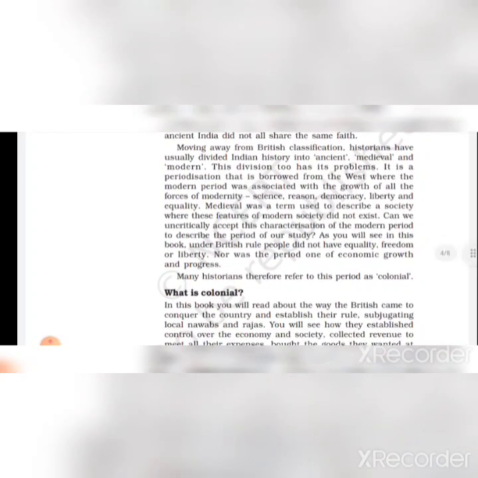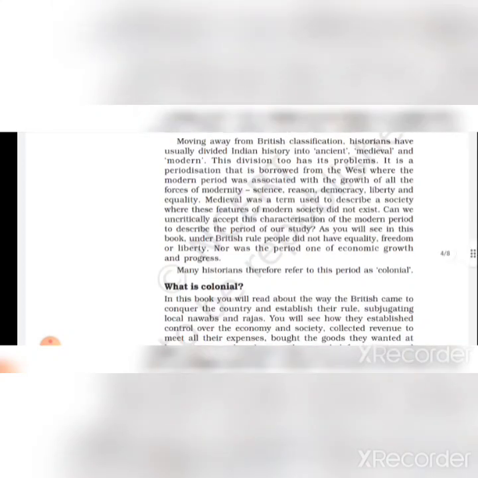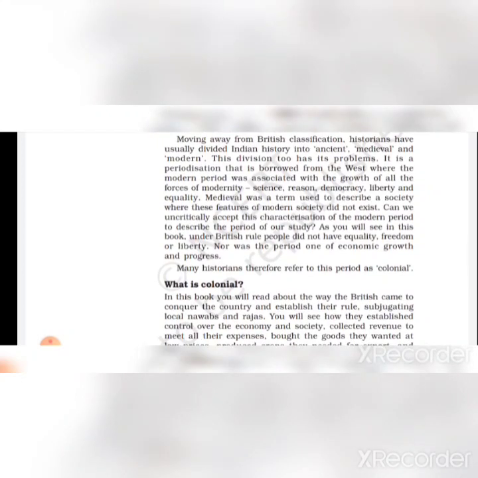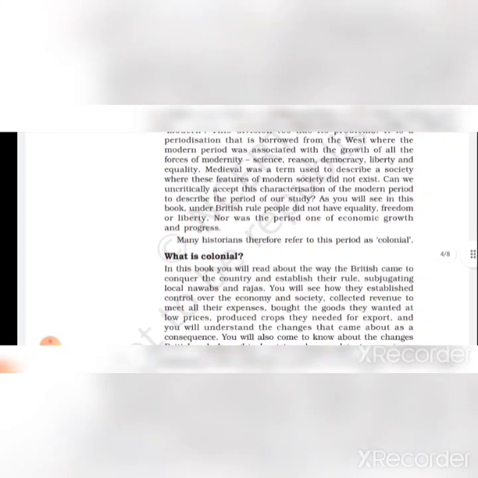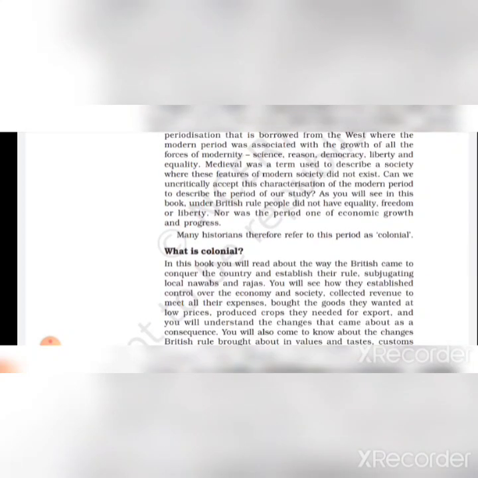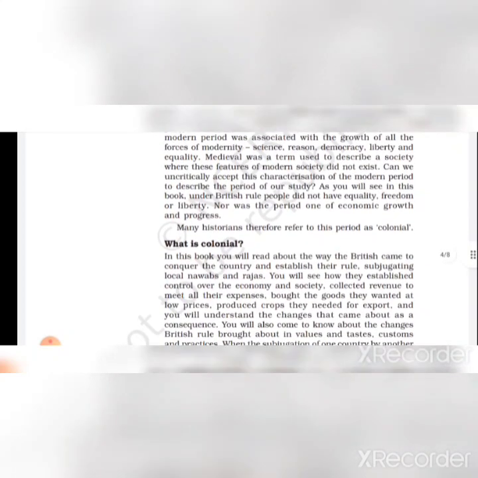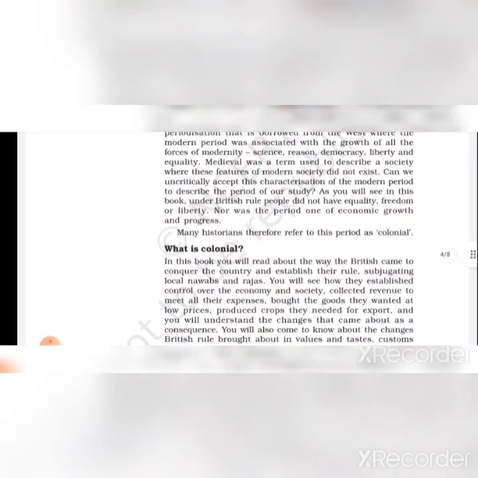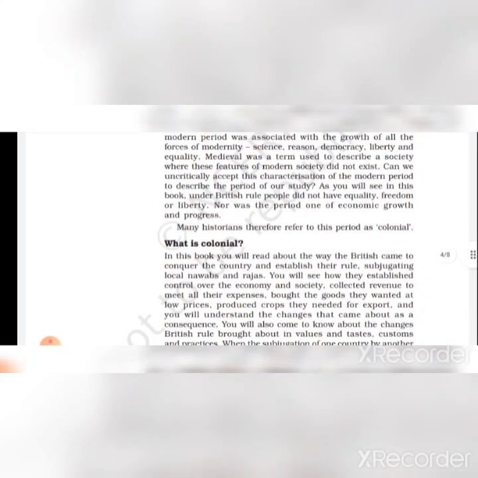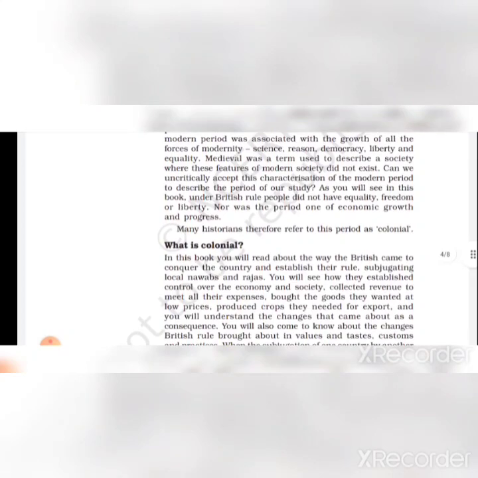Moving away from British classification, historians have usually divided Indian history into ancient, medieval, and modern. This division too has its problems. It is a periodization that is borrowed from the West, where the modern period was associated with the growth of all forces of modernity: science, reason, democracy, liberty, and equality.